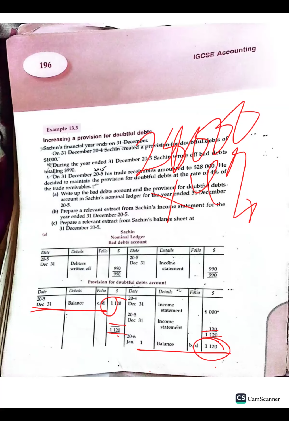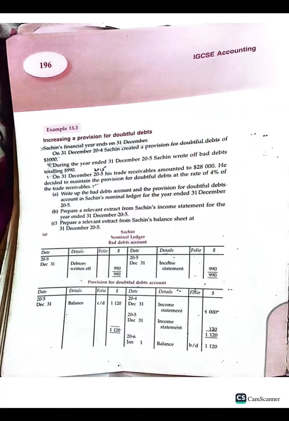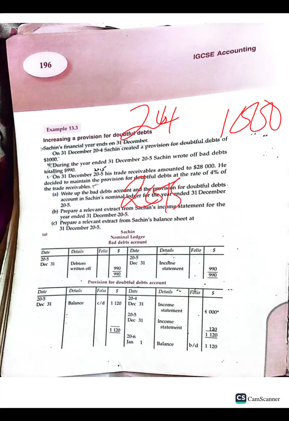So it is that easy. The message that we are communicating to you is that whenever you have, for example, the provision for doubtful debt in 2024 of 1,000, then when you calculate next year for 2025, the accumulated one, you get maybe 1,500.